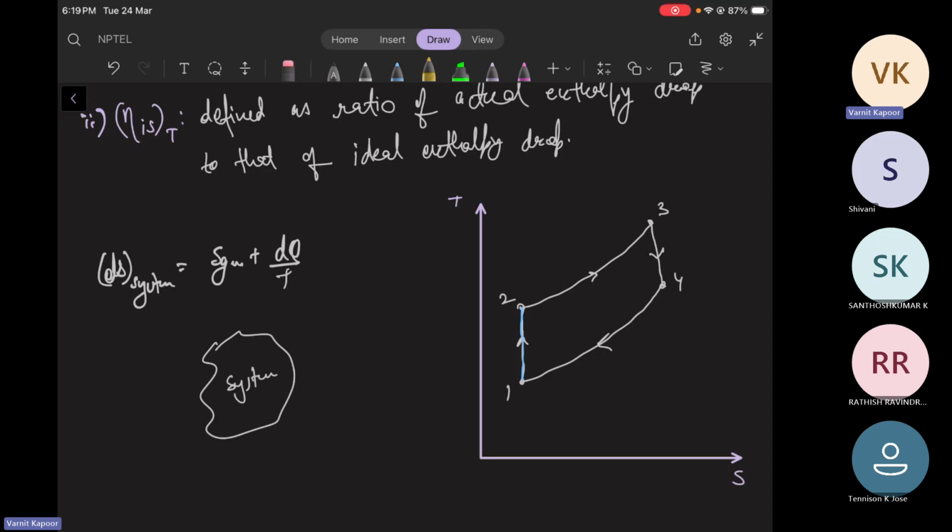One contribution is the system itself having internal irreversibilities, and the other is heat interaction from the surroundings, if it is an open system, or even a closed system, since heat interactions are possible. The entropy of a system is defined by the sum of these two: the internal irreversibilities and the heat interaction.